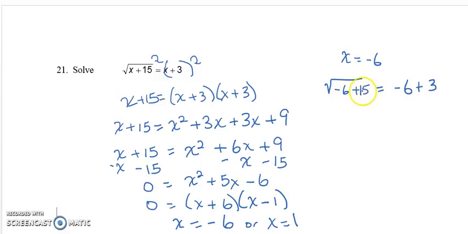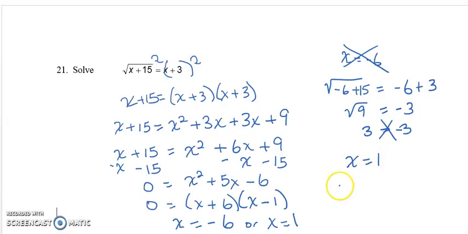Alright, so negative 6 plus 15 is positive 9. And on the right side, negative 6 plus 3 is negative 3. And the square root of 9 is positive 3, which is not the same as negative 3. Okay, so therefore x equals negative 6 is not a solution. That's an extraneous solution.